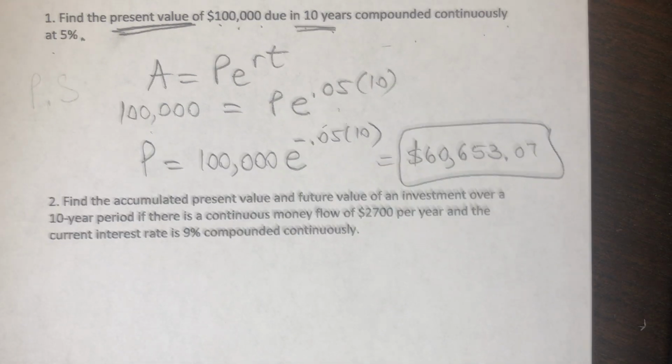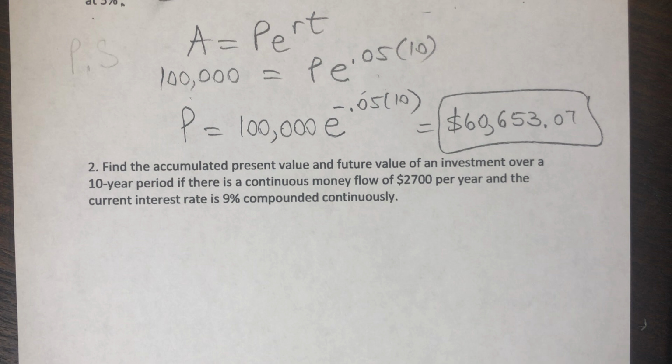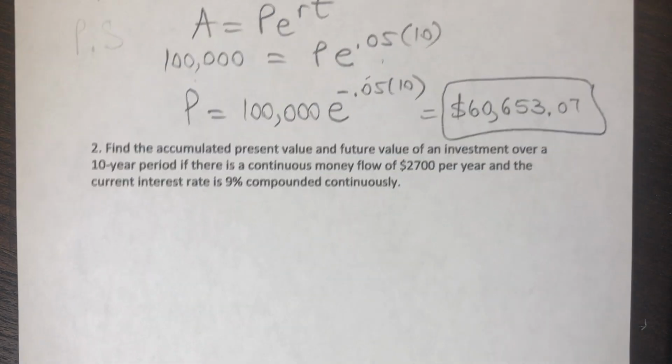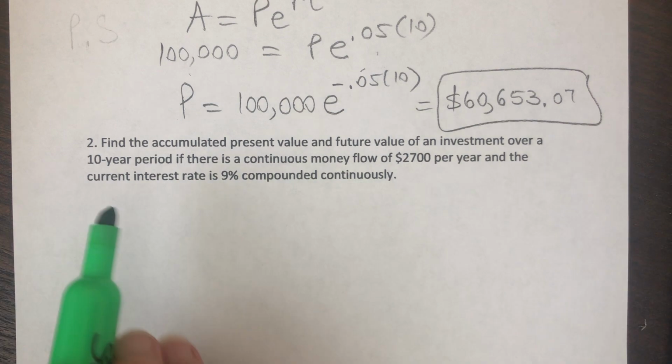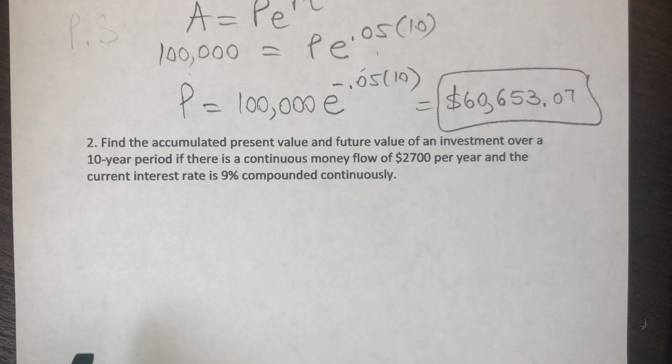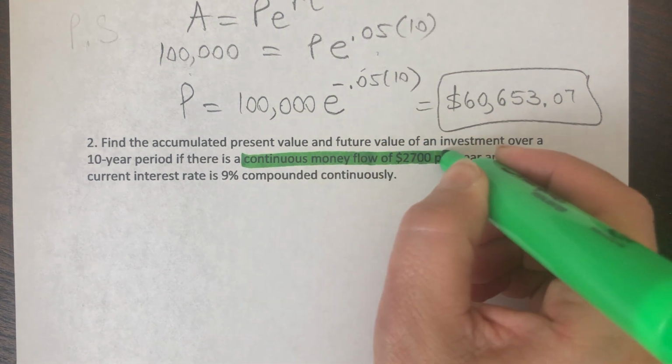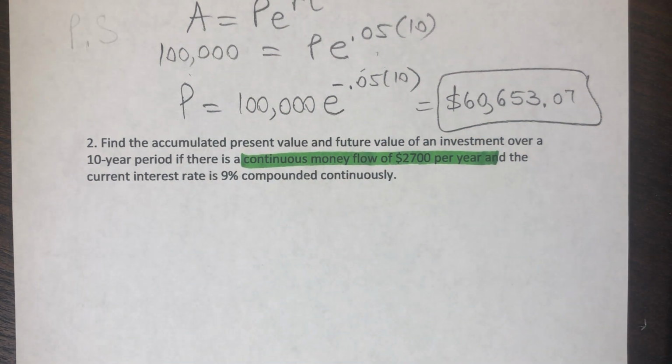Okay. Now, how are these instructions going to change so I know that now I'm supposed to use an integral? So it says, find the accumulated present value and future value of an investment over a 10-year period if there is a continuous money flow of $2,700 per year.